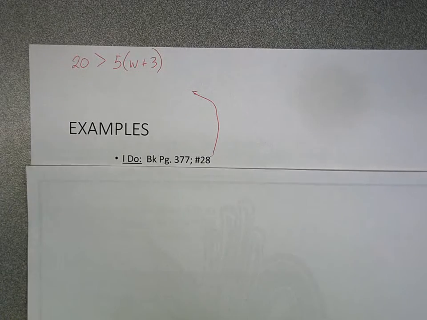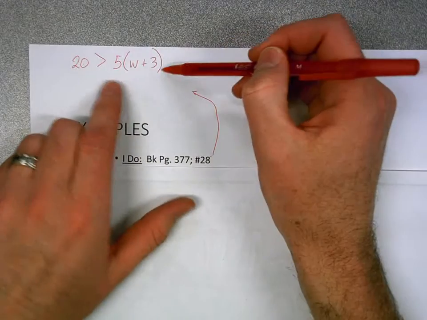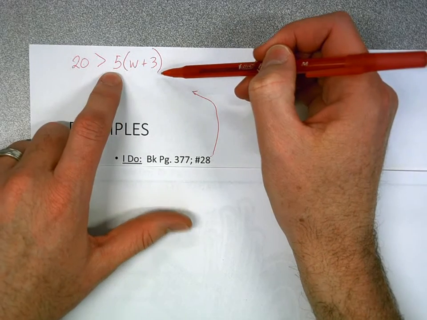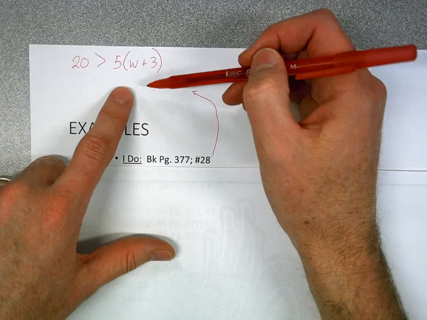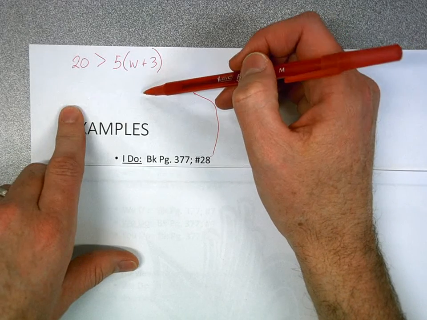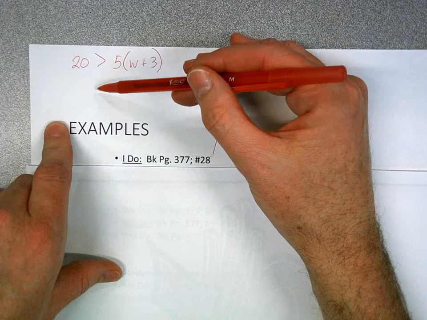Now I have two options on this problem. I can either do the distributive property on the one side on my expression and get rid of parentheses. That would give me a normal two-step equation. I'd subtract 3 from both sides and then divide by 5 on both sides.